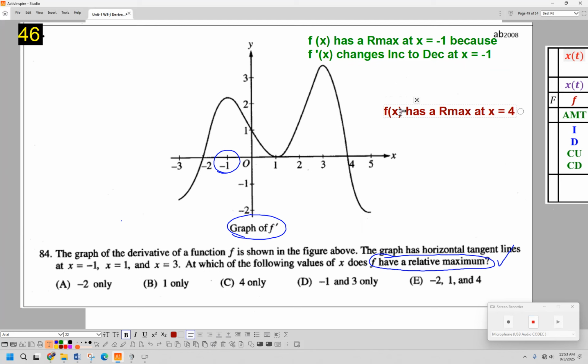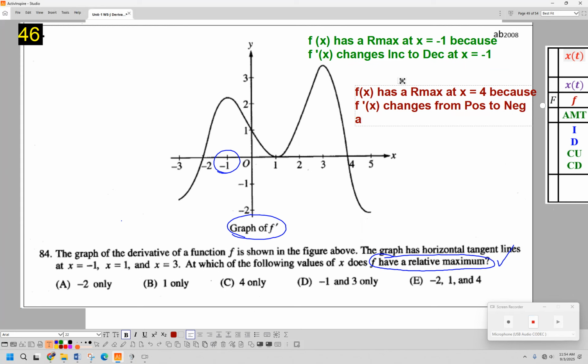And what's the because on this one, Kate? Because the graph of f prime of x changes from positive to negative, which means that the slope of f of x would be changing from positive to negative as well.